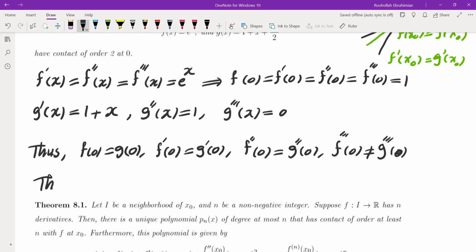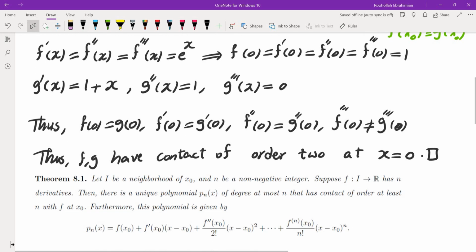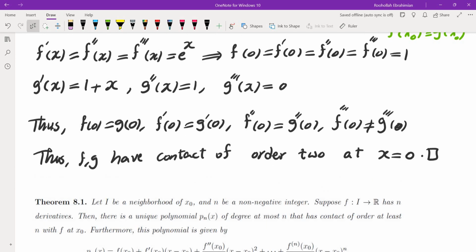And that means f and g have contact of order 2 at x equals 0, which is what we wanted to show. The derivatives up to the second derivatives are the same, but the third derivatives are different.